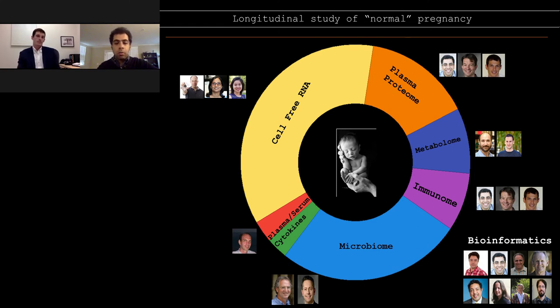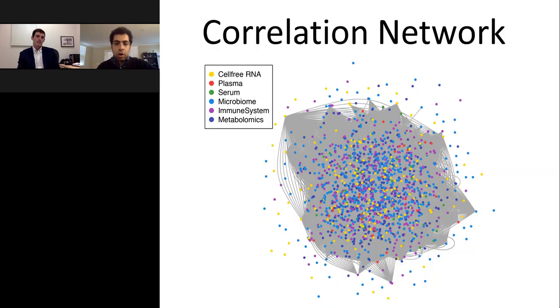Our first goal was to understand if these data sets can interact with each other and make better predictions of gestational age. If you simply put all of these measurements into a correlation network, you're not going to see a whole lot simply because there are too many connections and too many correlations.